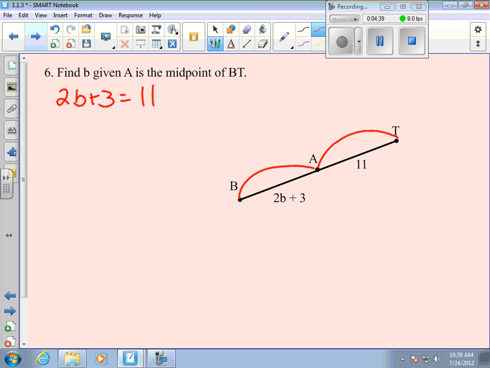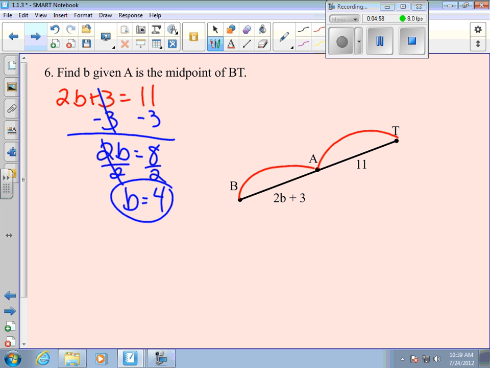Now all we're going to do is solve for our B, and then that'll give us our solution. So we are going to subtract 3 from both sides. That cancels, so we have 2B equals 8. Divide both sides by 2, canceled there. So our B equals 4. Let's go back and make sure that we answered our question, and it said find B, so we have found our solution.